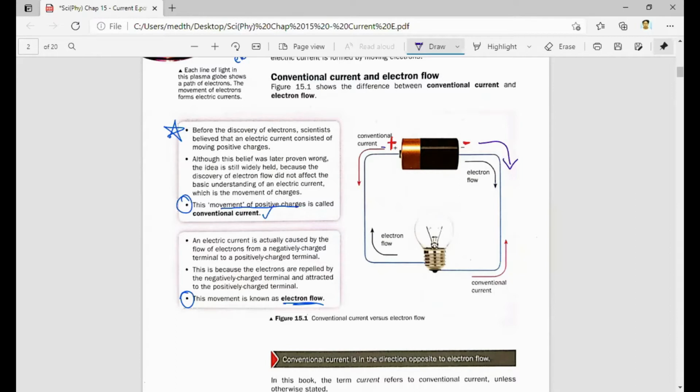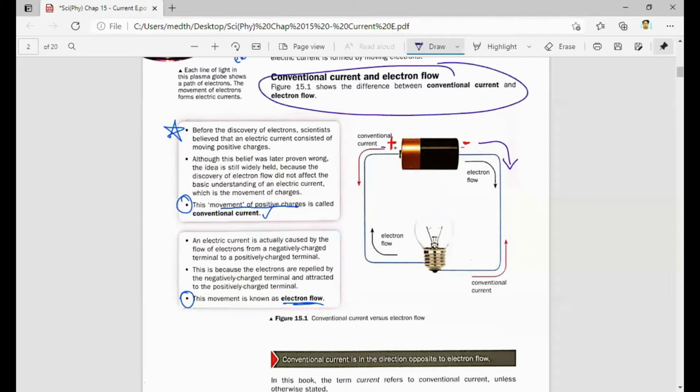Some questions, sometimes easier ones, will just ask you to indicate on the diagram the conventional flow, or the conventional current. So all you need to do is draw this arrow to show that it comes out from the positive terminal into the negative terminal. Sometimes they might ask you to draw the current flow for electron flow, then you will need to draw in the other direction. Just take note of this.